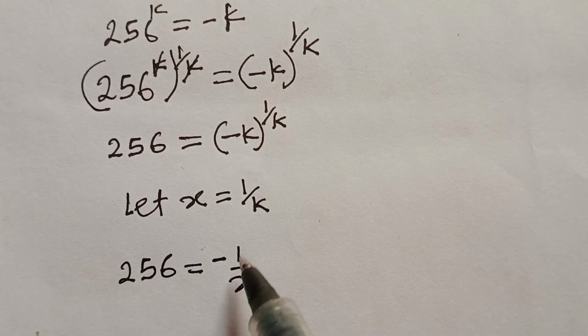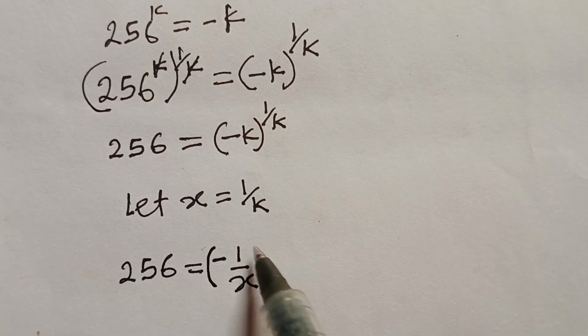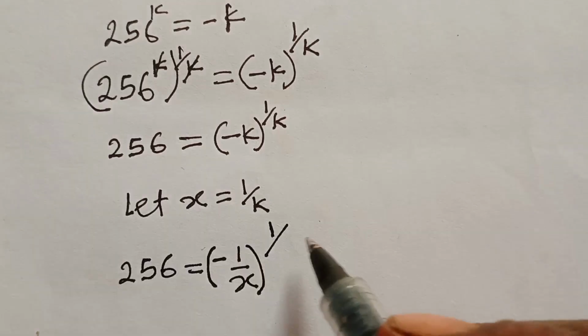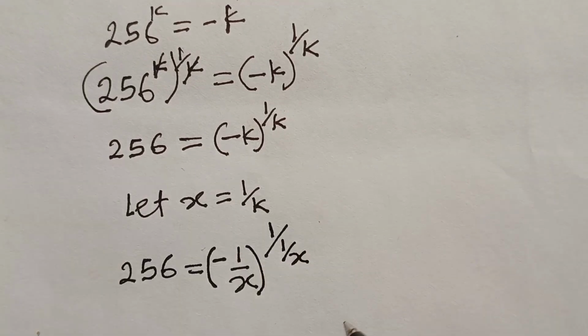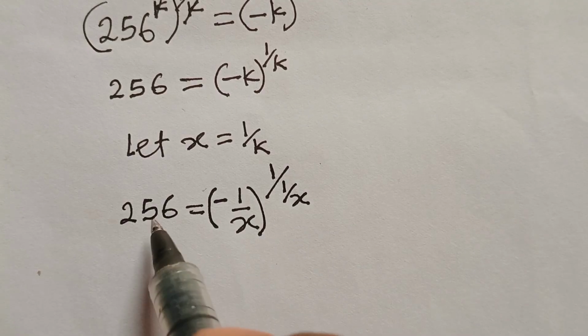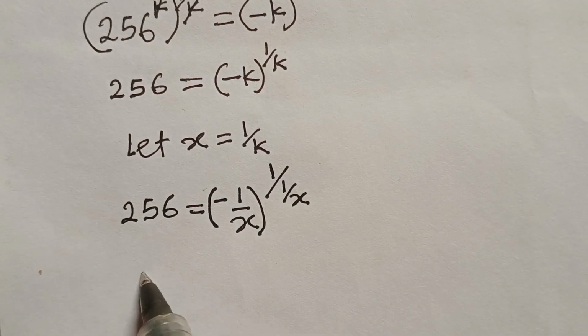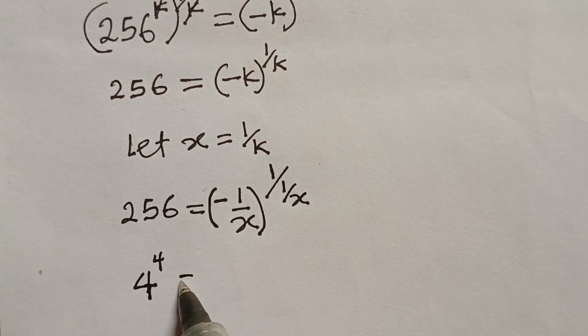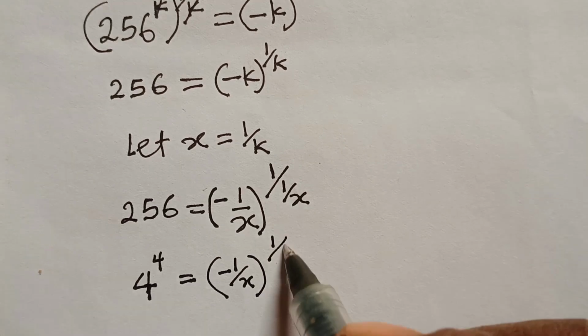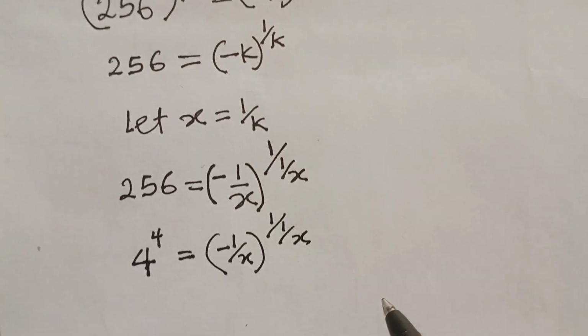So minus 1 over x, close bracket, everything raised to power 1 over x. From here, we can easily change 256 to be 4 raised to power 4. So now we have 4 to the power 4 equal to minus 1 over x, everything raised to power 1 over x.